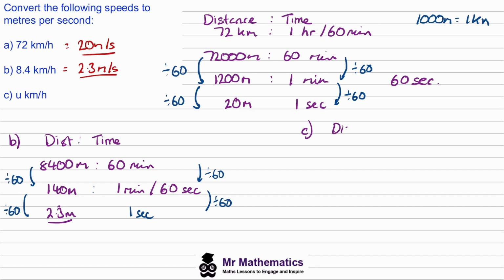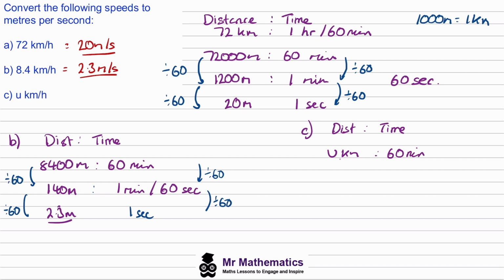Okay, so if we write the ratio of distance to time, we're told that the distance now is U kilometers in every 60 minutes or 1 hour. The first thing we need to do is to convert this into meters.